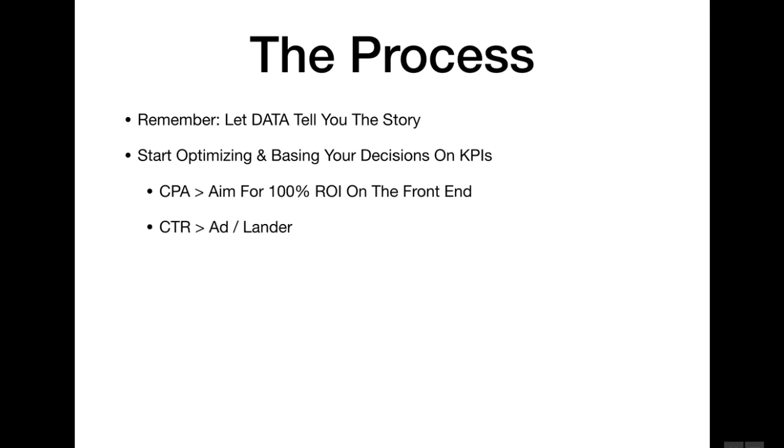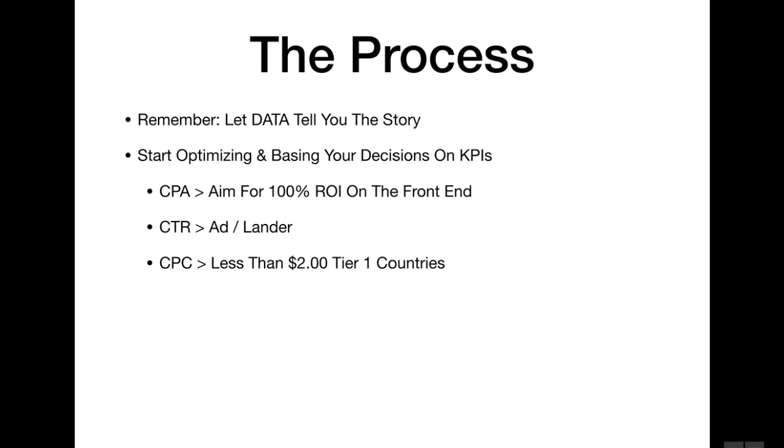average order value. Of course, your CTR, your click-through rate from ad and lander: make it a goal for your ad to be between 2 to 3% at the very least, and your lander above 50%. That's very important for you to get considered a winner, and to consider that specific ad set a candidate for scaling.